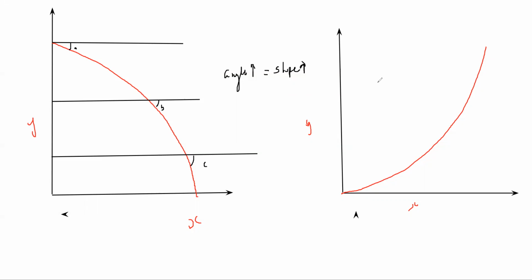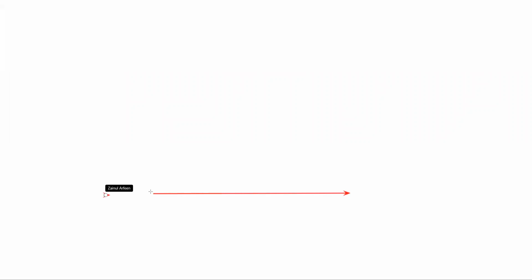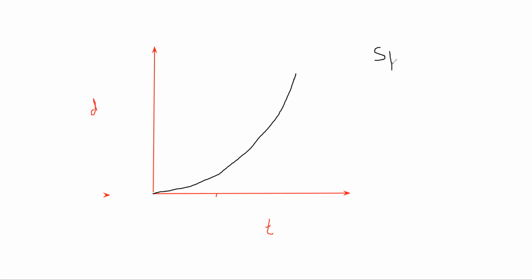So here also the slope is increasing. I'll just give an example, you will learn this in detail next time. Example, if a graph is given between distance and time, and the question is to identify what happened to speed. For a distance-time graph, slope means speed.